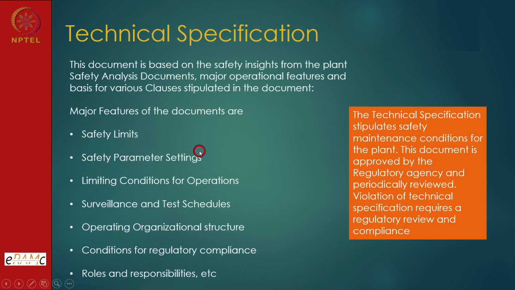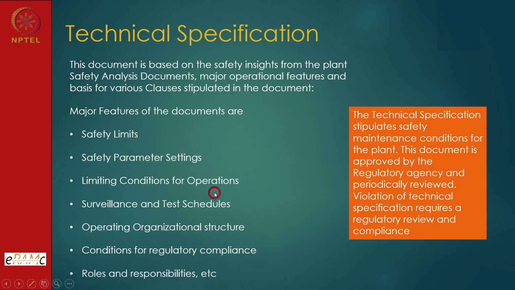Then safety parameter settings, typically operational settings, and these things remain, and the plant operating ecosystem is under these settings. If any setting goes up beyond its set parameter, then action should be taken.